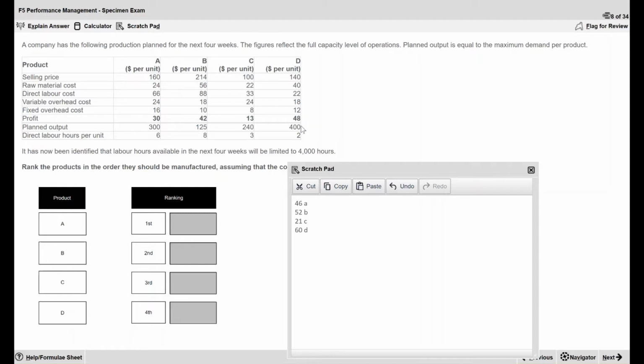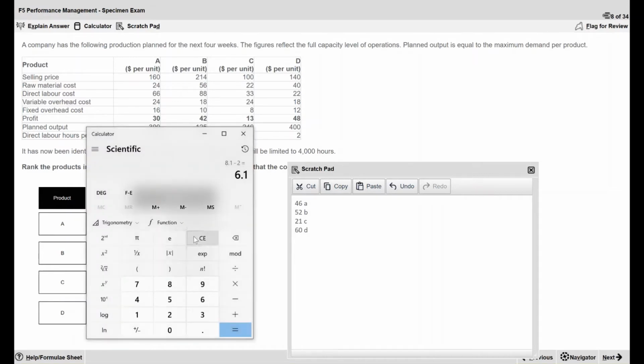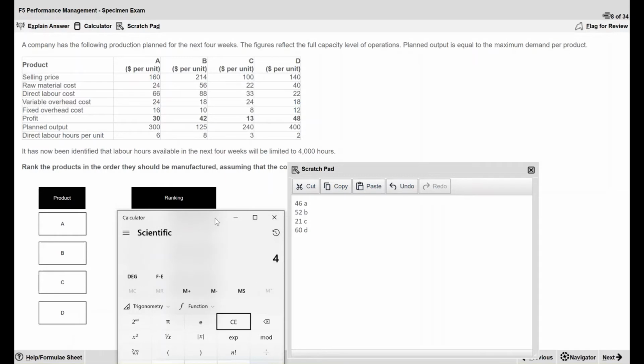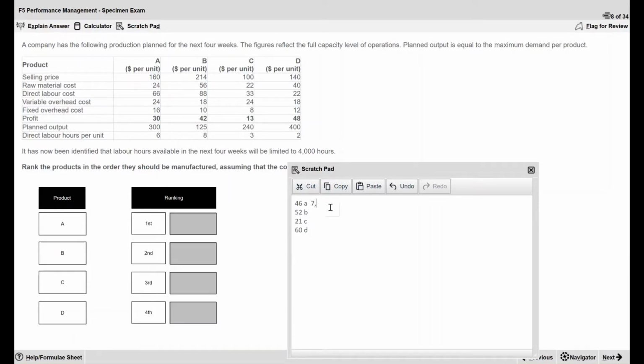But we don't look at contribution per unit, we look at contribution per limiting factor. So now we take this figure and we divide it by labor hours. So we have 46 divided by 6 hours, which gives us 7.66.